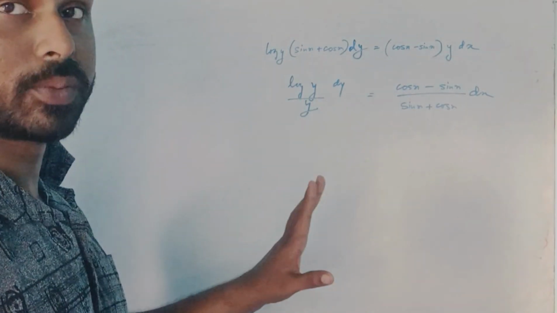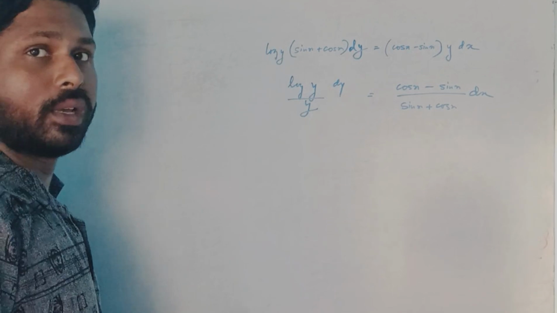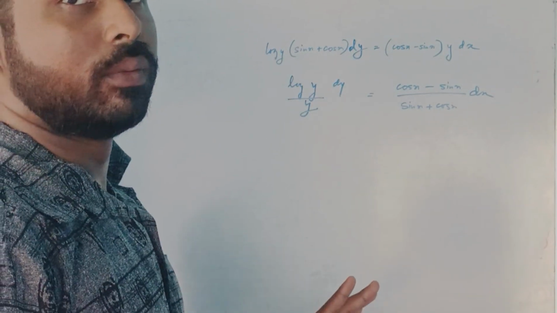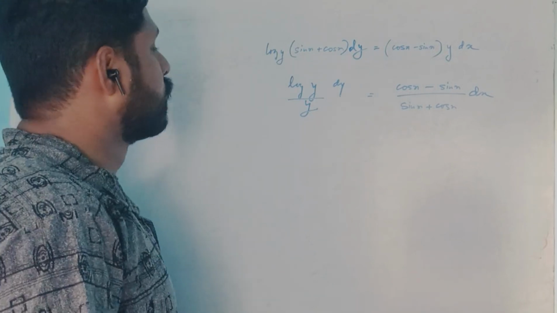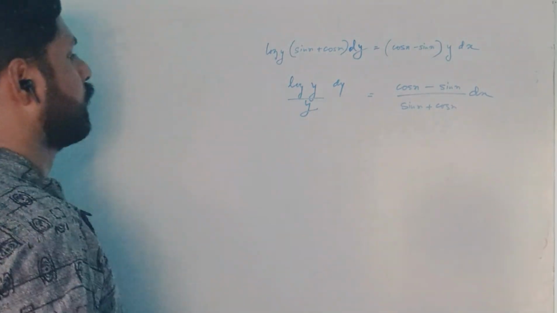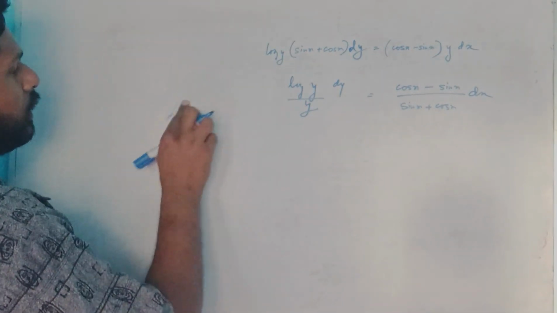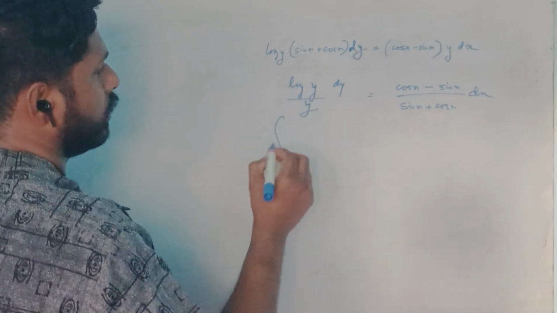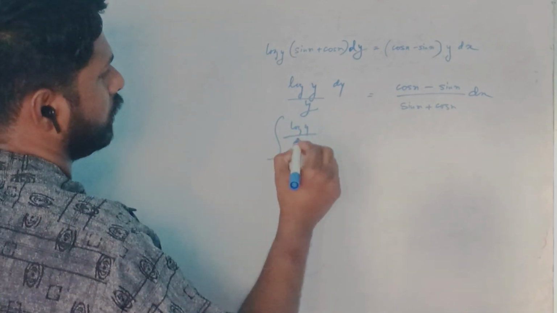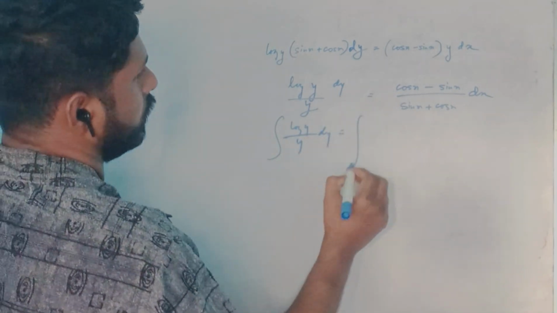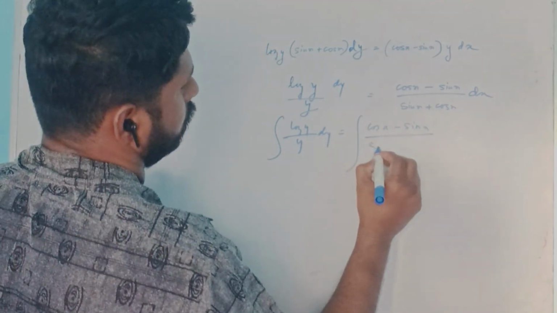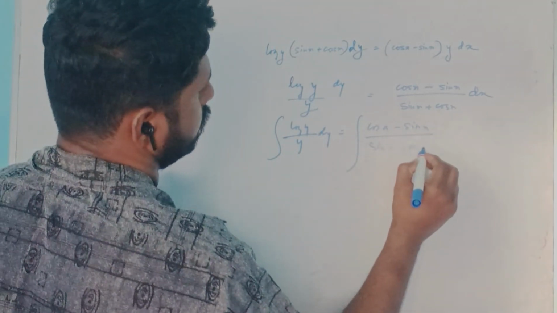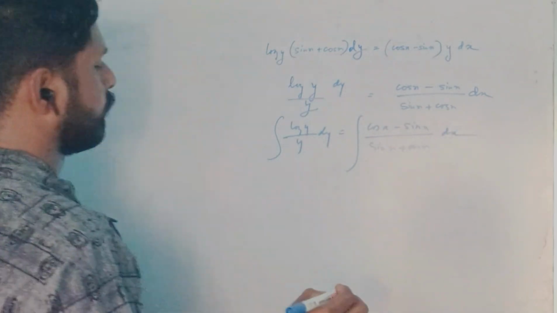Again we have to substitute, else the sum will not be integrated. So let's first integrate: the integral of log y by y dy equals the integral of (cos x minus sin x) by (sin x plus cos x) dx.